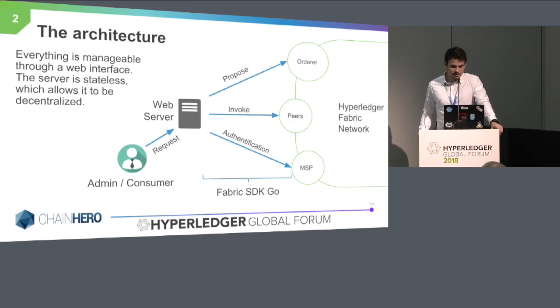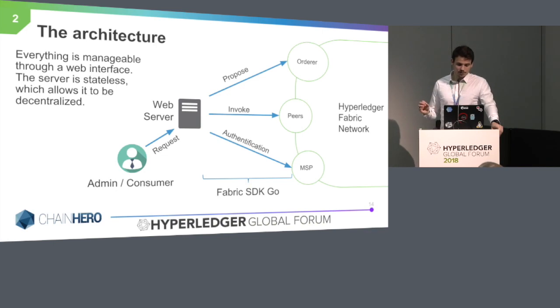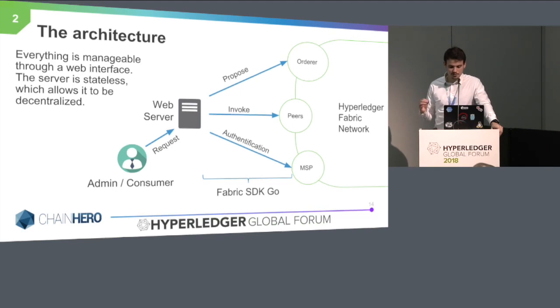What about the architecture? So, everything is manageable through a web interface. The server is stateless, which allows it to be decentralized. So the server handles requests from admin or consumer users, and provides the authentication and invokes and proposes on the Hyperledger Fabric network using the Fabric SDK Go.